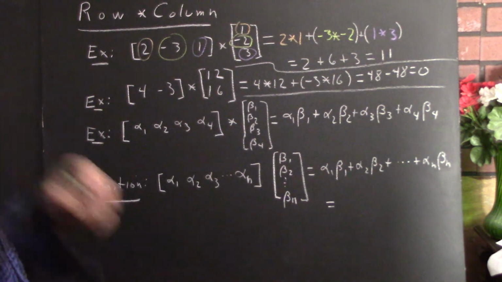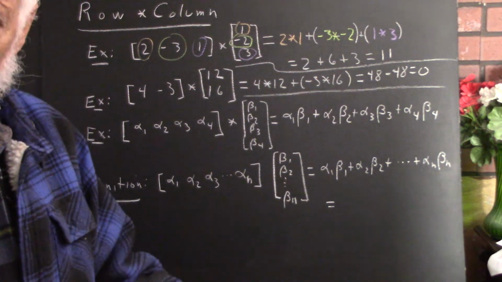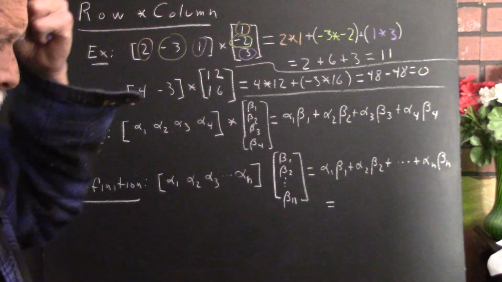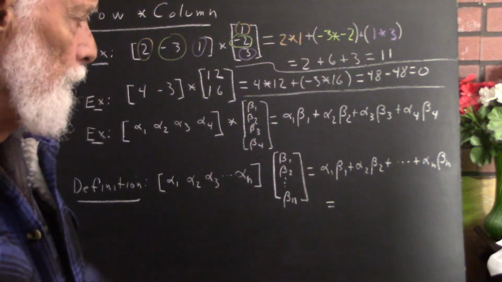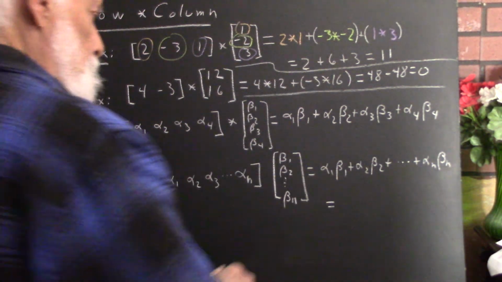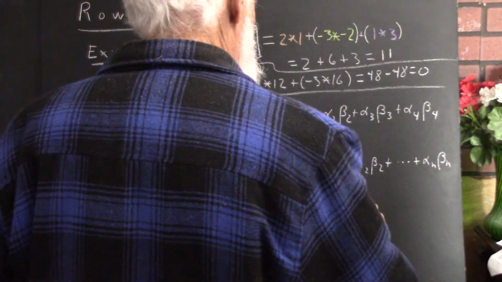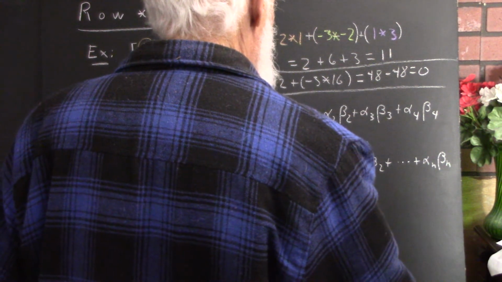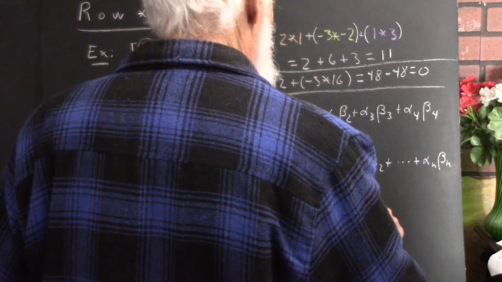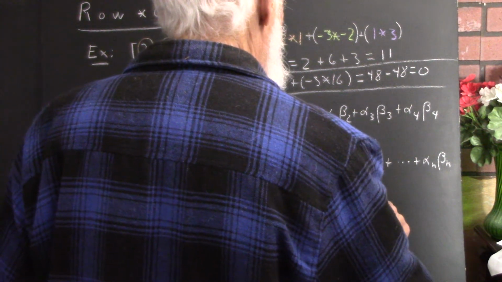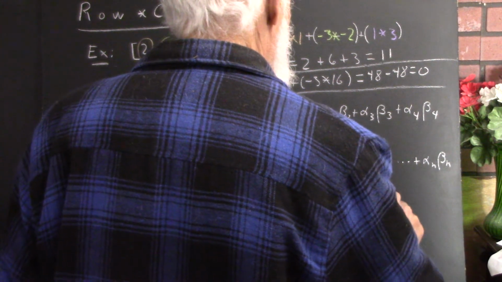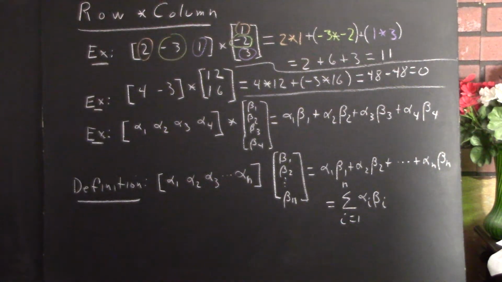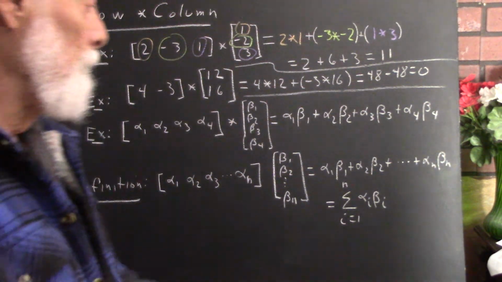So if you happen to be taking this course simultaneous with the second semester of calculus, you might not understand the notation, but hopefully you will. We could write this as the sum from i equals 1 to n of alpha sub i, beta sub i.